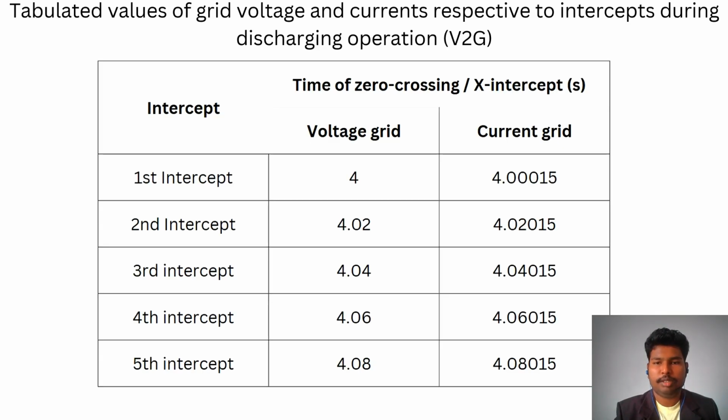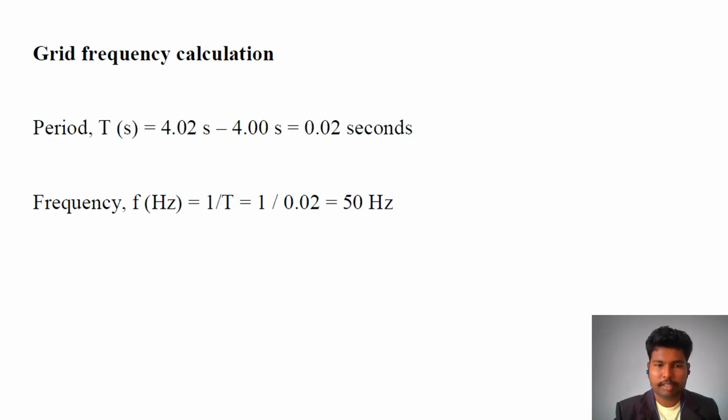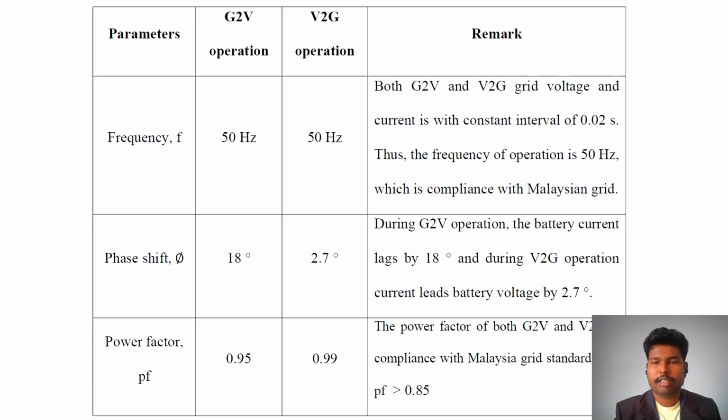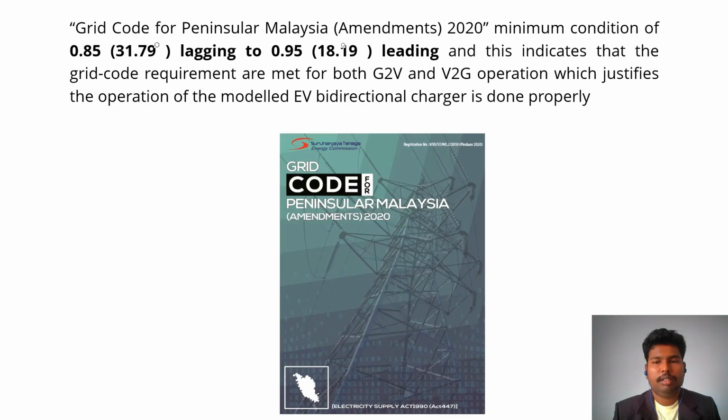And this is for the discharging operation. We justify again that the grid frequency is 50 Hz, with a lesser phase shifting of 2.7 degrees and 0.99 power factor. From here, we can justify that this design is in compliance with the Malaysian Grid Code for Peninsula 2020 amendment, which it fulfills as the minimum condition where the degree of phase shifting is within the limits.